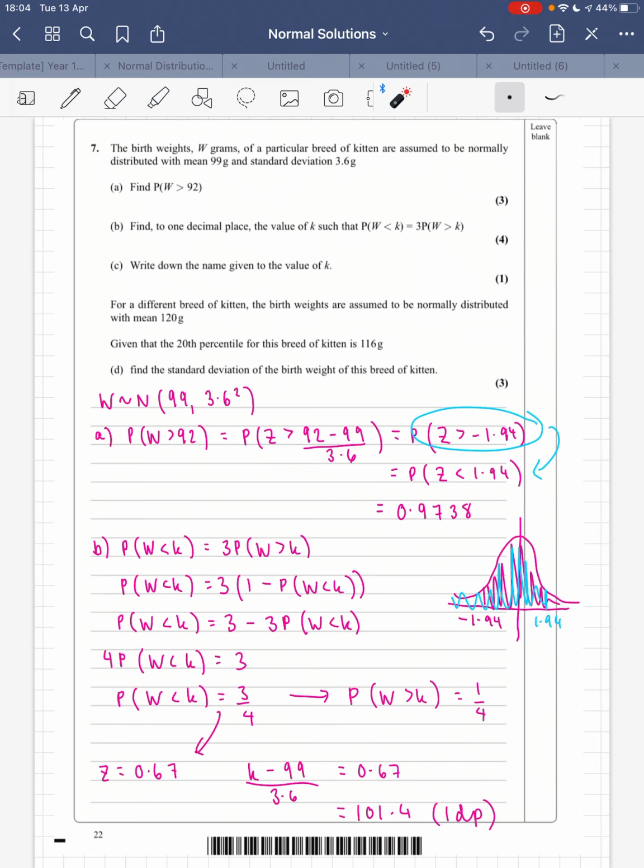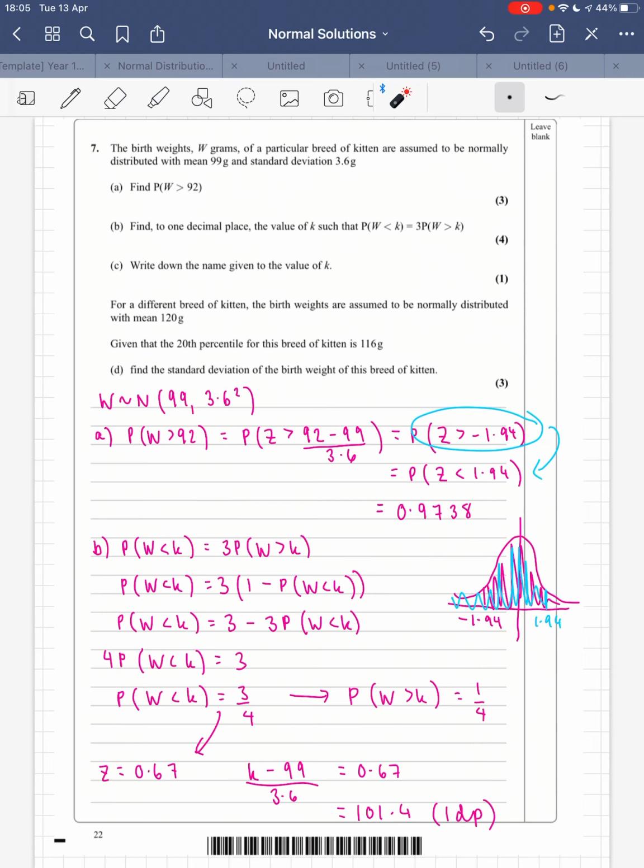I then need to find a value of Z in order to uncode it and find what K is. So I use the big table. I go through and find 0.75 and read off my value of Z. Now I think, unless I'm very much mistaken, let me just check on my table.